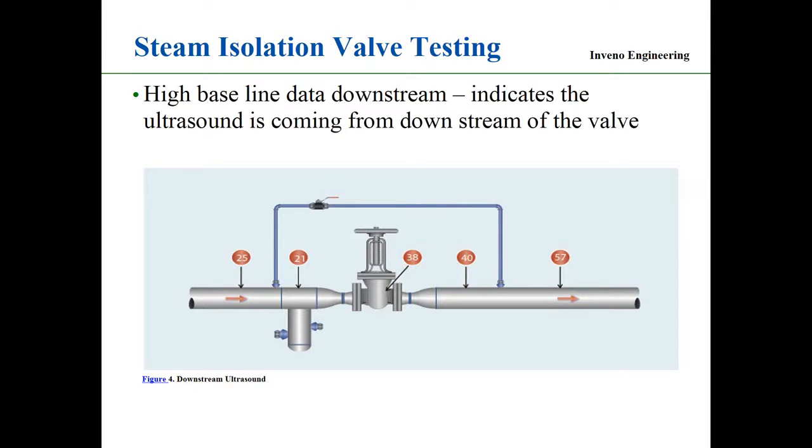So as I go downstream, the level starts to increase, the sound is coming back from downstream. That is not a valve that's leaking. That's something competing ultrasound downstream. I want to go downstream of the valve, find out what's producing a competing ultrasonic sound, and make corrections to that.